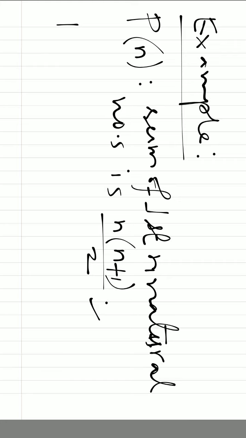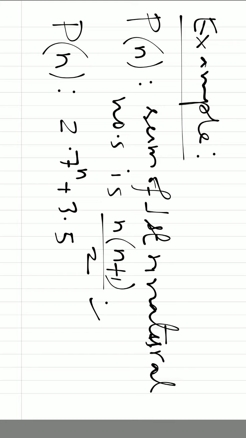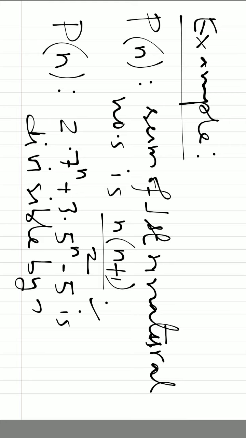Similarly, we can consider another mathematical statement: 2 times 7 to the power n plus 3 times 5 to the power n minus 5 is divisible by 24.